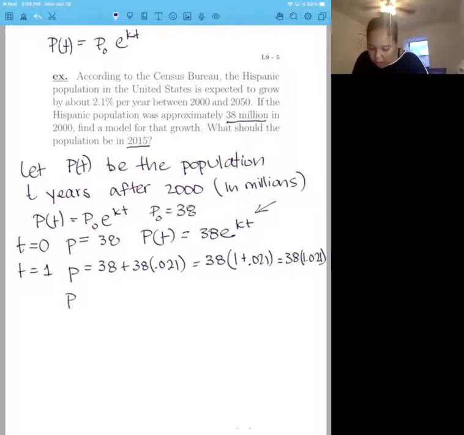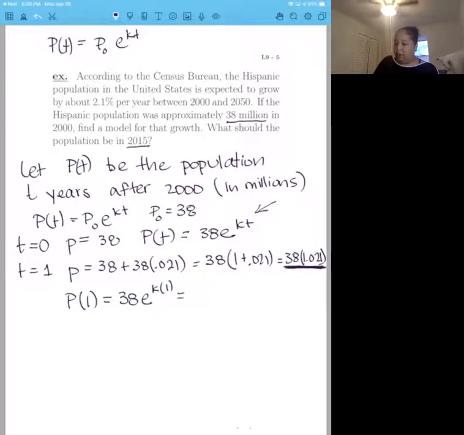So P of 1 looks like 38 e to the k times 1, right? But we also said that that population was equal to this, 38 times 1.021.